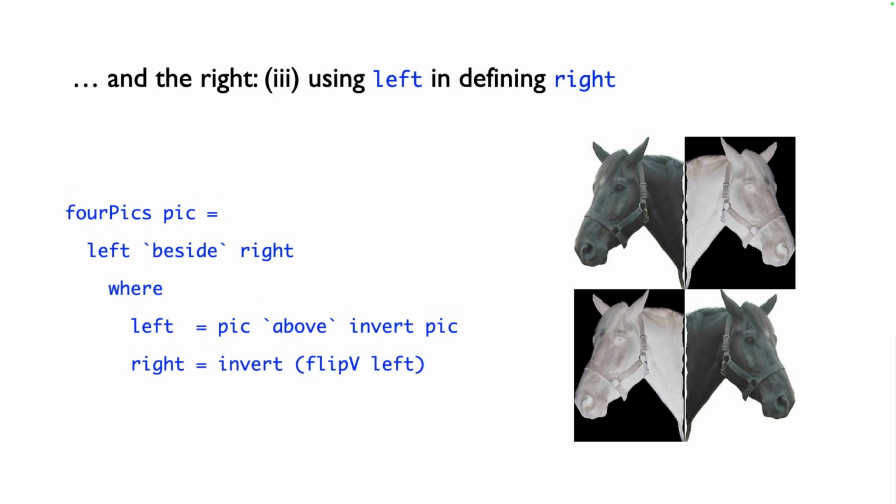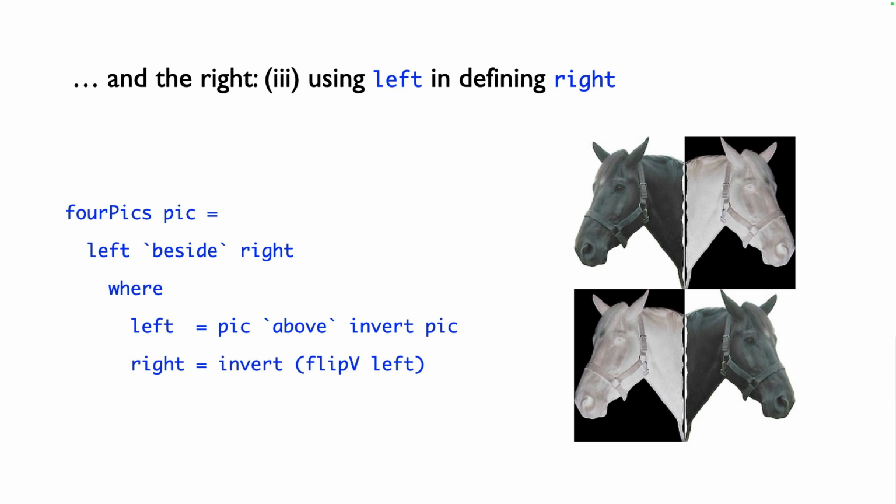A third way of doing it, and I think this is my favorite, is that we use the left-hand half, what we've defined as left, in defining what's on the right. And the way you get the thing on the right from the thing on the left is to flip the whole thing vertically and then invert the colours. Or indeed, we can invert the colours and then flip.